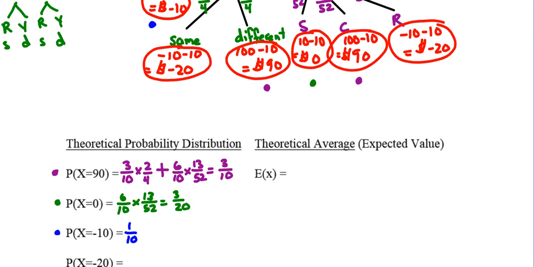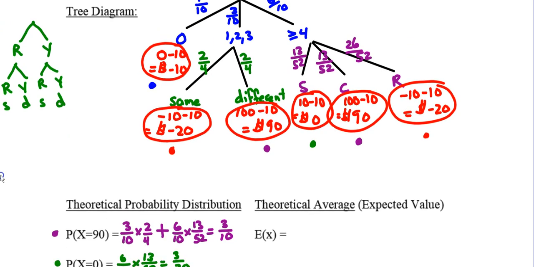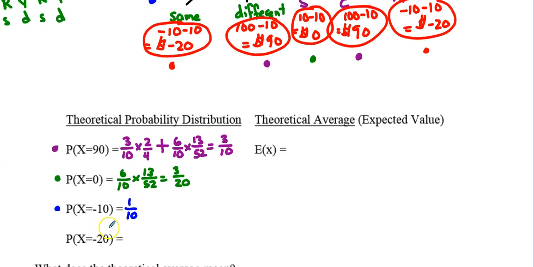And our last outcome is losing 20. So you've got two outcomes here. So to lose 20, you roll a 1, 2, or 3, which has a probability of 3 over 10. And you're going to flip the same colored chips, which is 2 over 4.